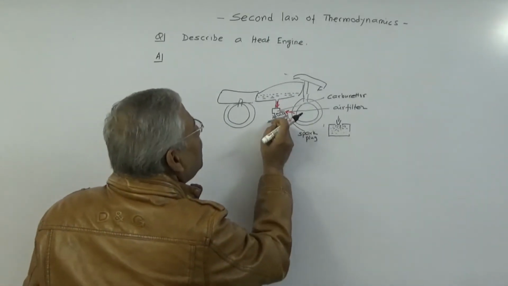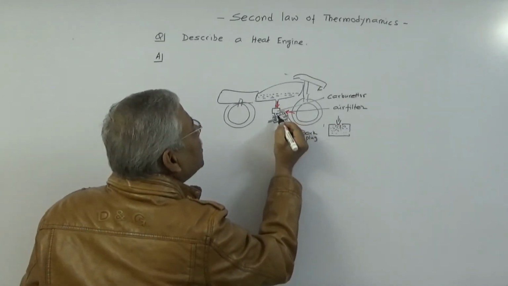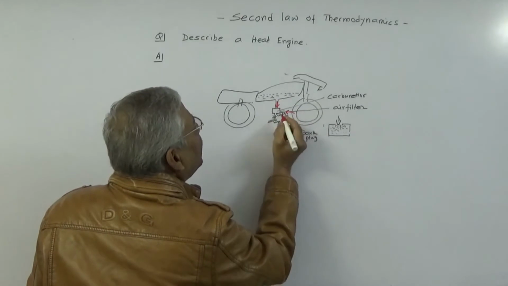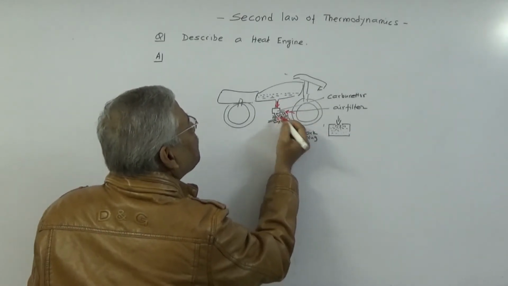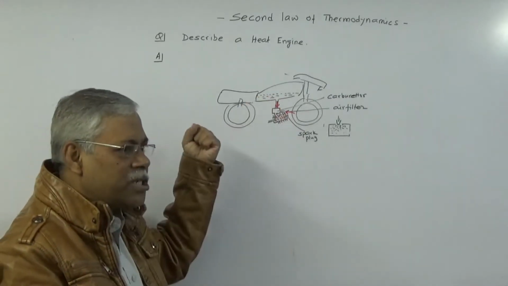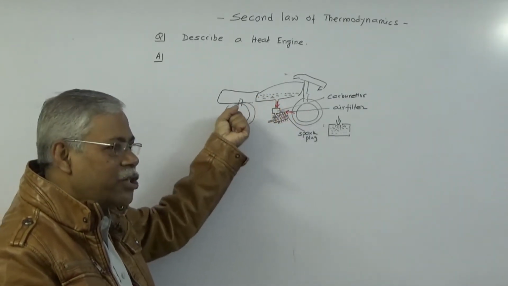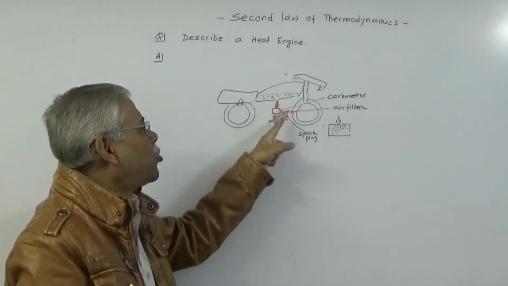Then I have shown you the piston. So this highly combustible substance will enter by the motion of the piston. As the piston goes in the outward direction, away from the spark plug, it will suck that petrol air mixture in.